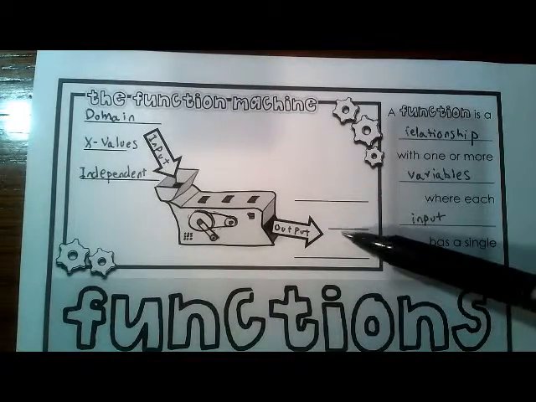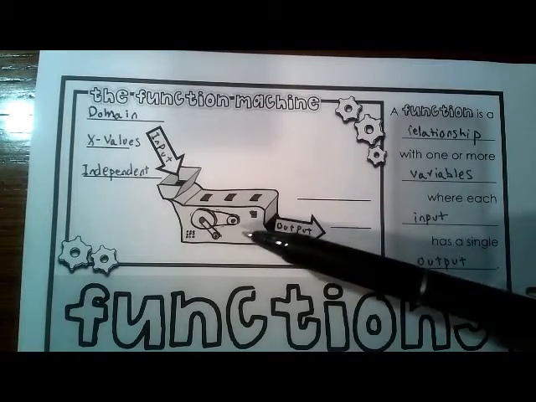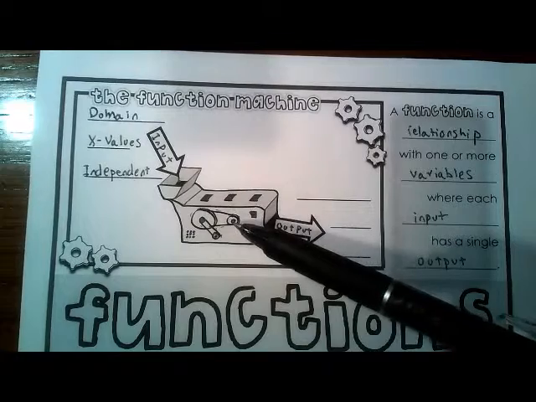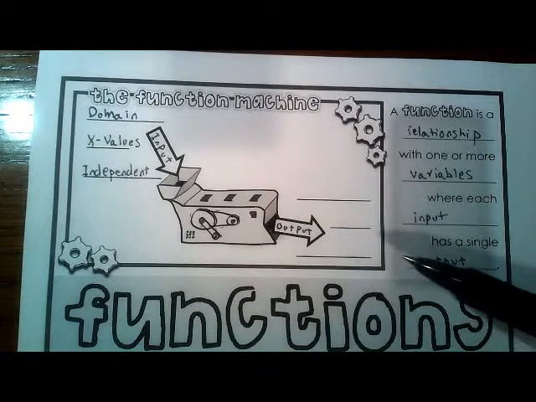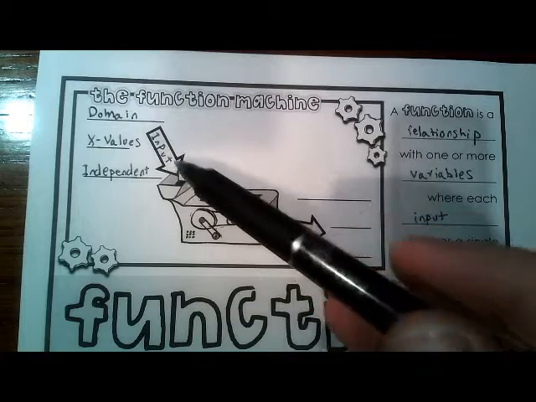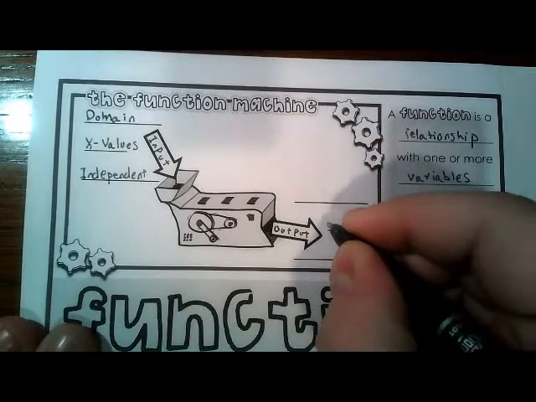So when they came out, they had a star, right? If you keep going further in the story, well, then they didn't want a star anymore, so they went in the machine, and the machine took off the star, right? So that's how I think of a function machine, kind of like that story with the Sneetches by Dr. Seuss. So we've got input, we've got output. Those outputs are the y values.